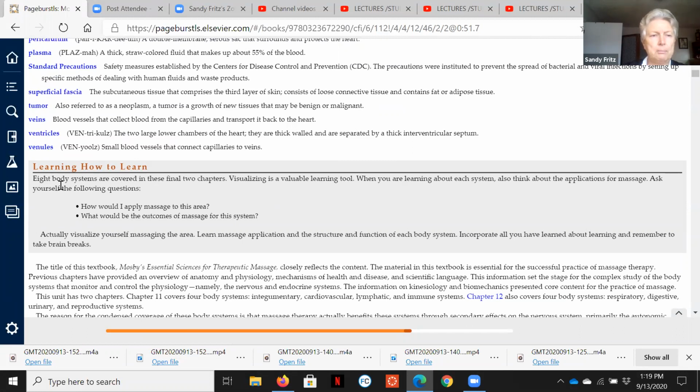So these 8 body systems in this unit, chances are with the MBLEX exam, you're going to get your most questions related to the circulatory system, lymphatic system, respiratory system, and digestive system. And so you'll want to put most of your energy in working with those.